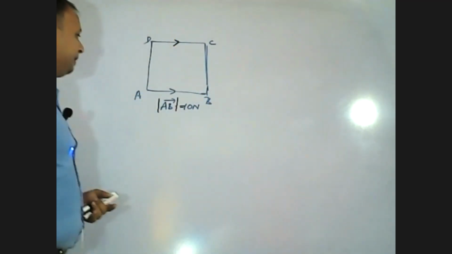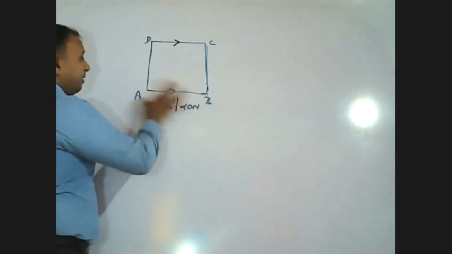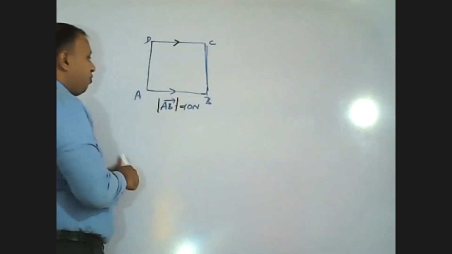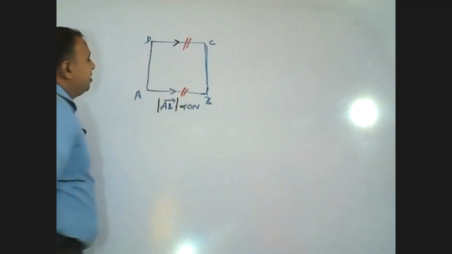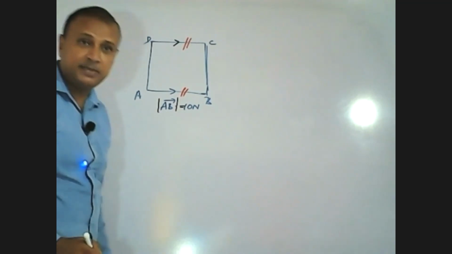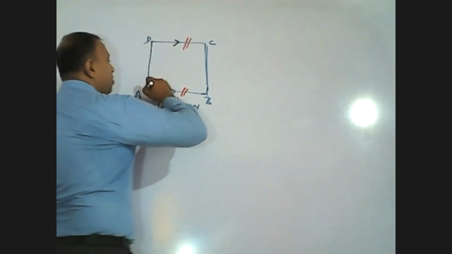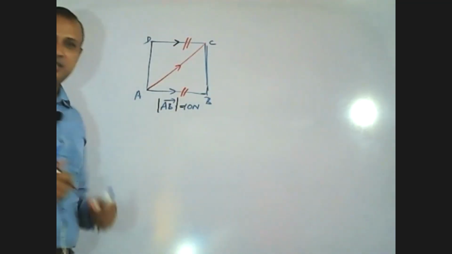Actually, these are not equal vectors, but this is a square. Therefore, the length of AB is equal to the length of DC. Then another question. Find the magnitude of the AC vector.